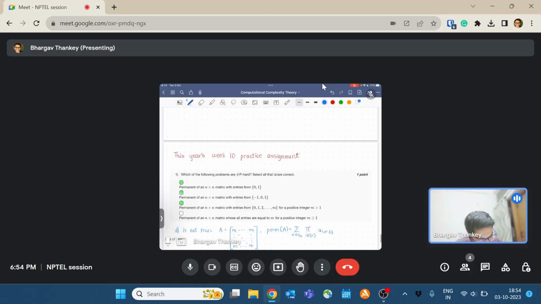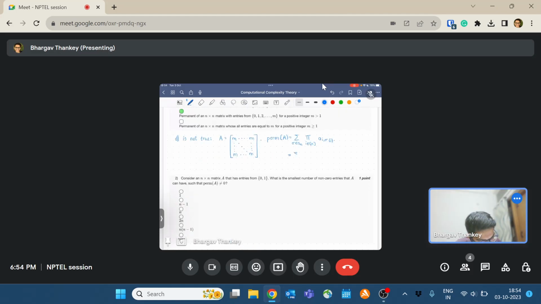So the product is M to the N, because each of these is M and there are N such quantities.